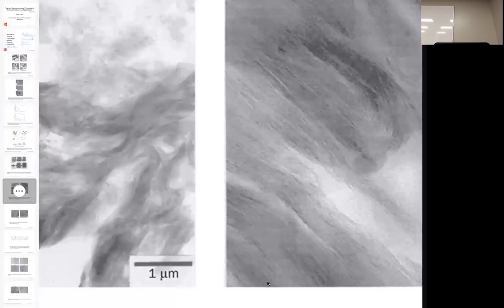Here we actually see fewer plates together, more plates dispersed. This is more indicative of what we would see for a fully exfoliated plating material. This is where we see an intercalated plating material. There's still that periodicity in the filler material.